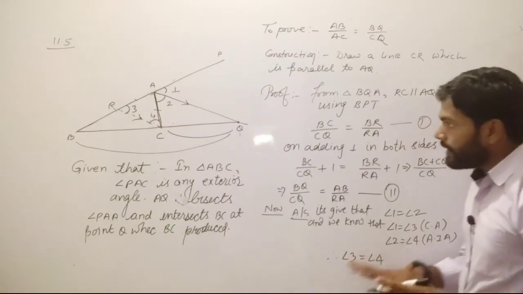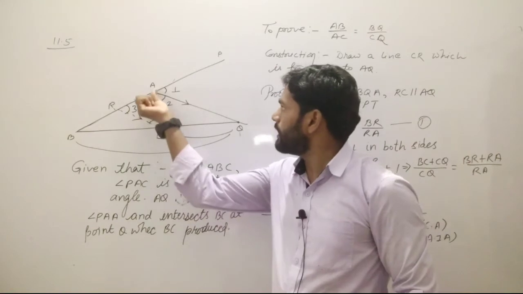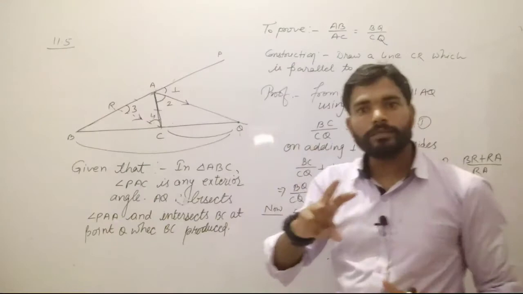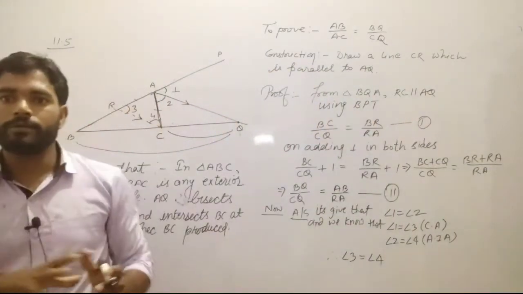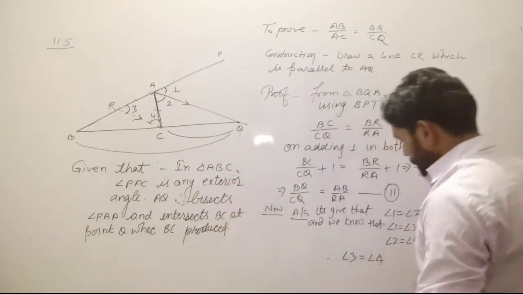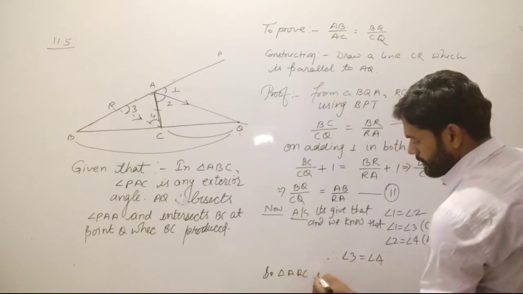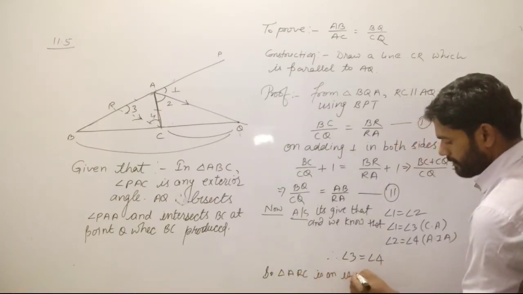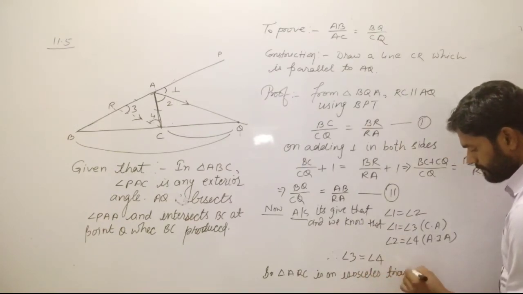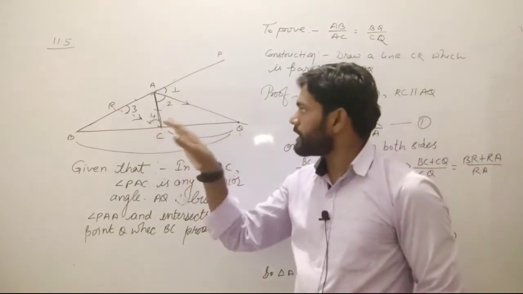And what is the meaning of these things? If angle 3 and 4 are equal, then in triangle ARC these two angles are equal. It means this is an isosceles triangle. क्योंकि दो एंगल इक्वल है तो वो isosceles triangle होगा. Therefore, triangle ARC is an isosceles triangle.